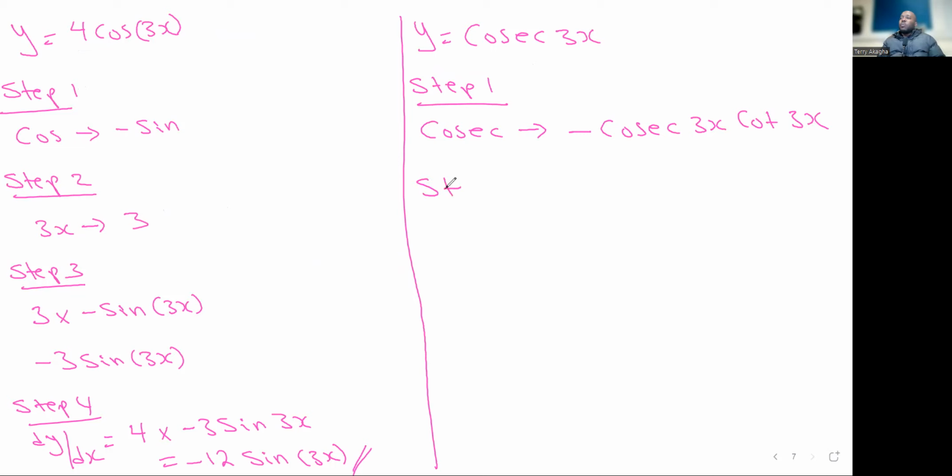Step 2, differentiate what is in the bracket. We have 3x. And when you differentiate 3x, it's going to give us 3. Then step 3 is going to be 3 multiplied by minus cosec 3x cot 3x.